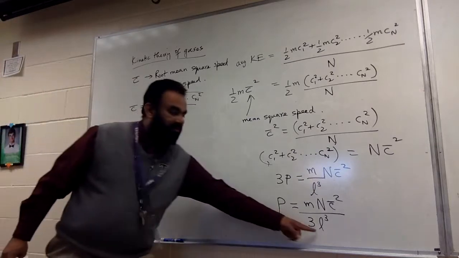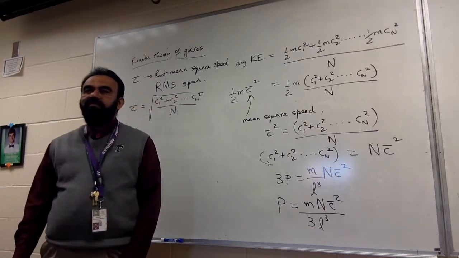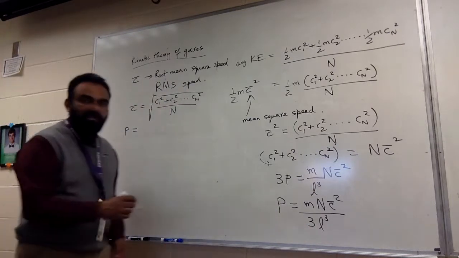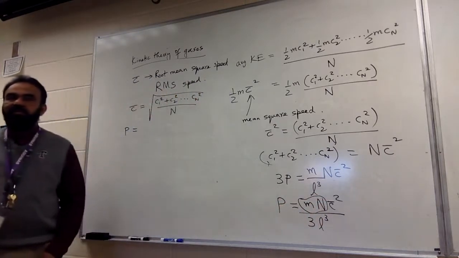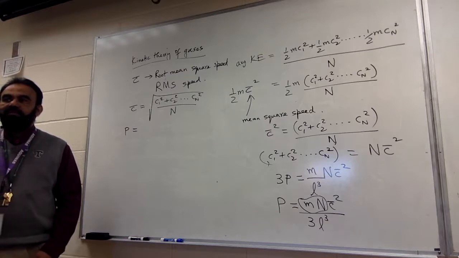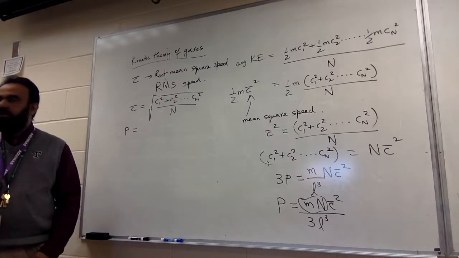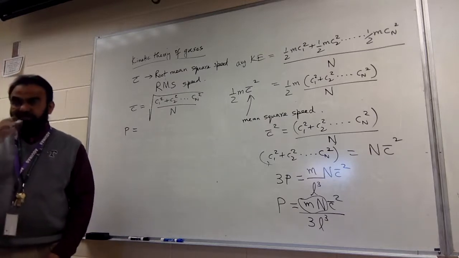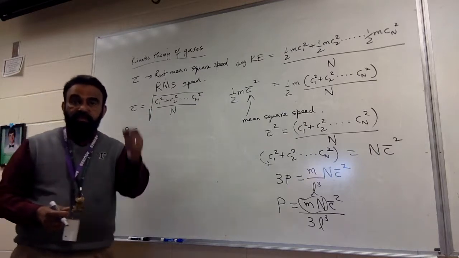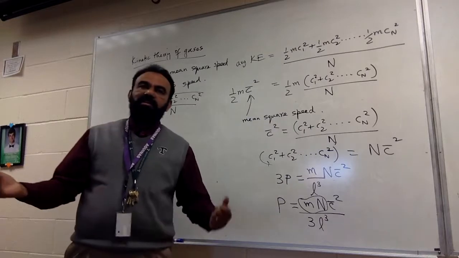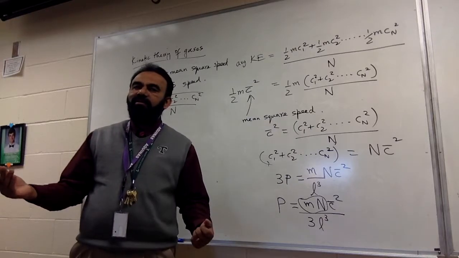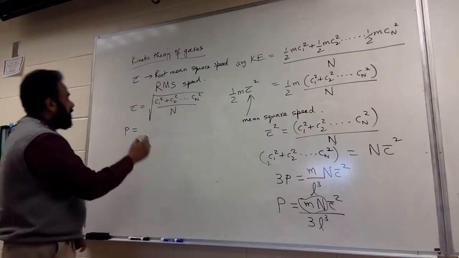What is L cubed? Volume. And what is mn? What is m standing for? Mass of each molecule. What is n standing for? Number of molecules. What is mn standing for? Total mass of the gas.